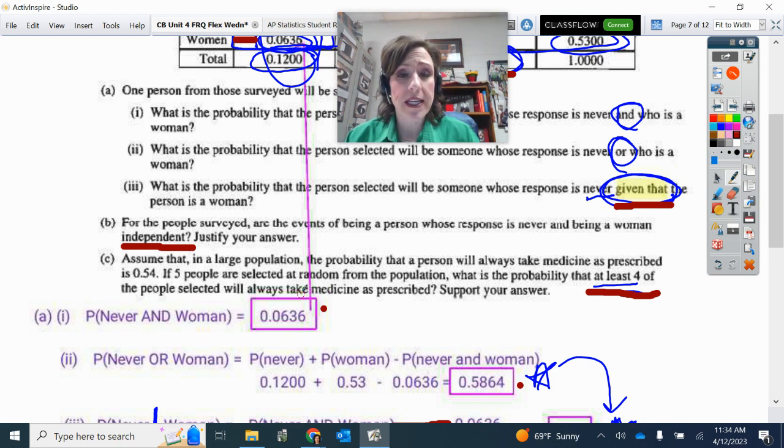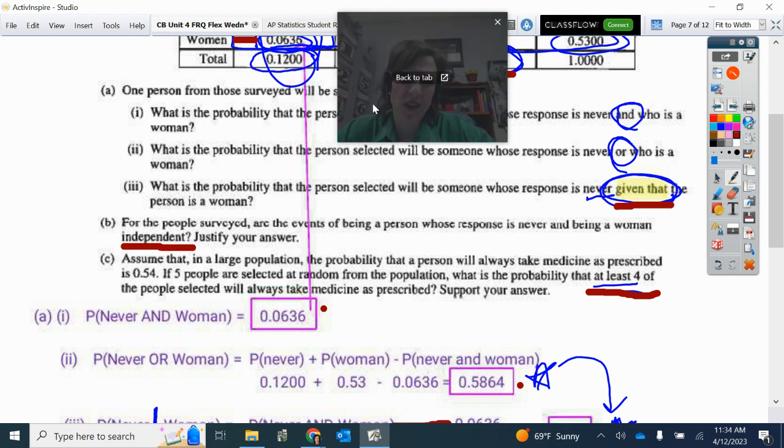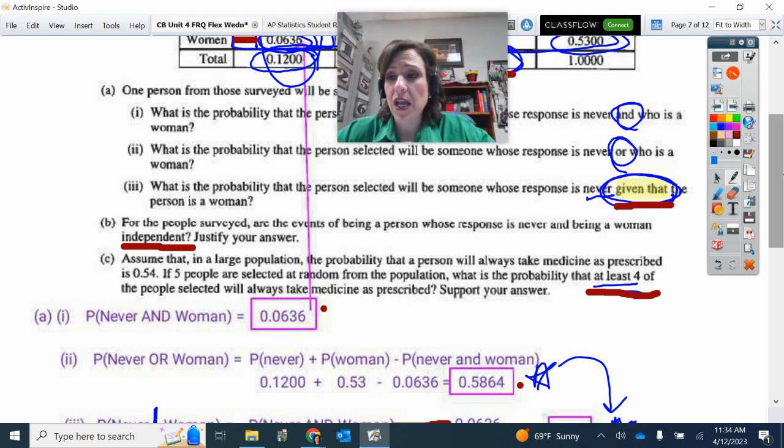So I hope that you recognize this is discrete, where in order to have at least 4 people taking it, we have exactly 4 people taking it, or exactly 5 people taking it. The catch is there can be many different combinations of where those 4 people are sprinkled.